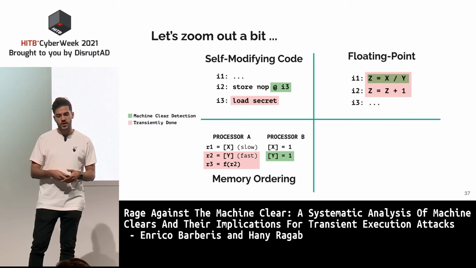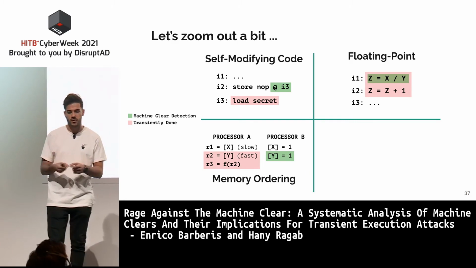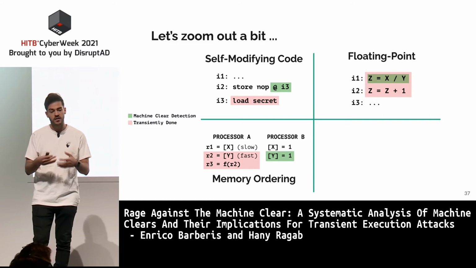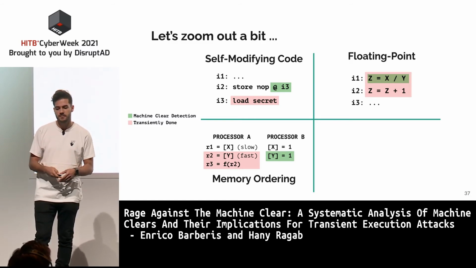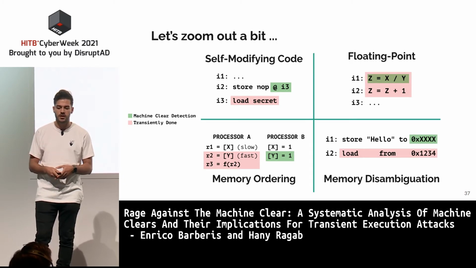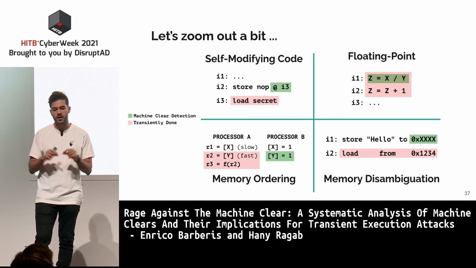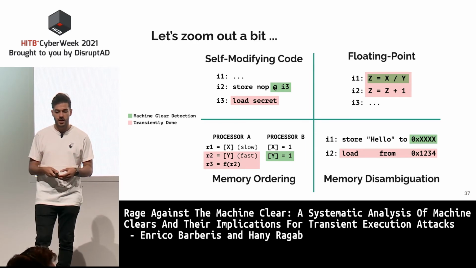The floating point machine clear, where we perform any floating point division with controlled operands, causing the processor to flush its pipeline again and re-execute the instructions. And the last one is the memory disambiguation machine clear, where we flush the pipeline from one load instruction that had loaded stale data.